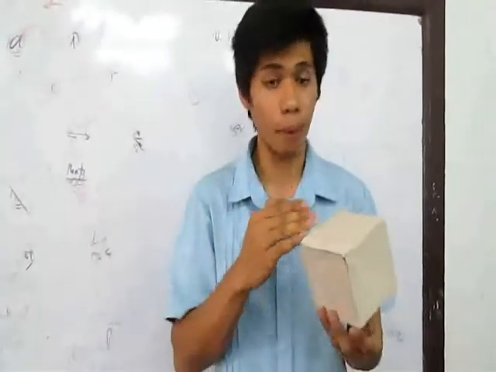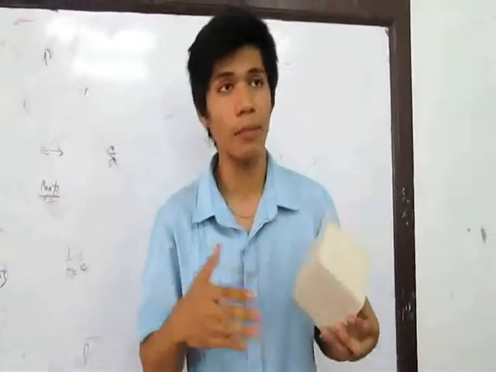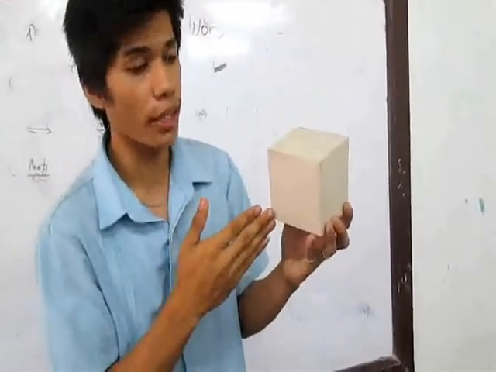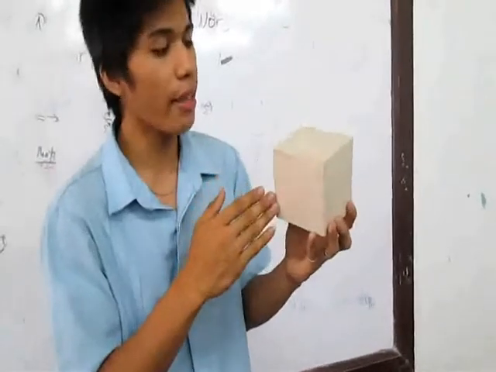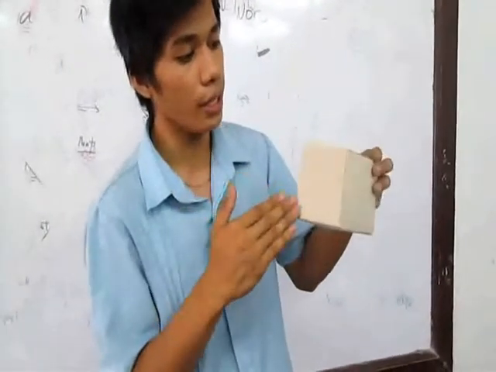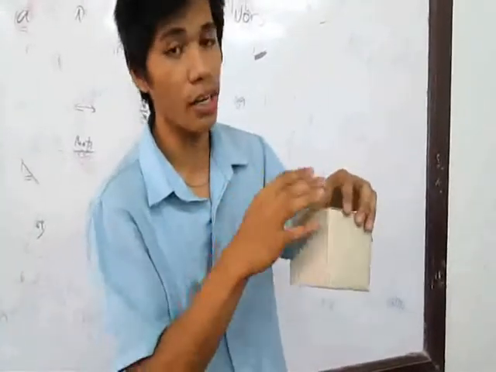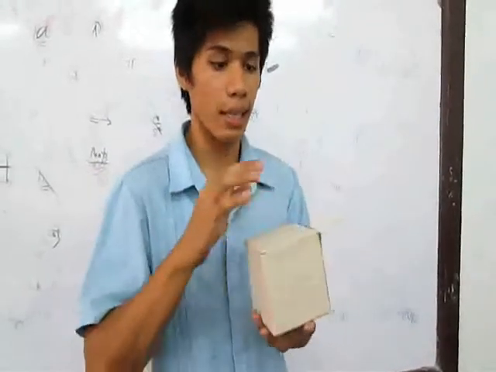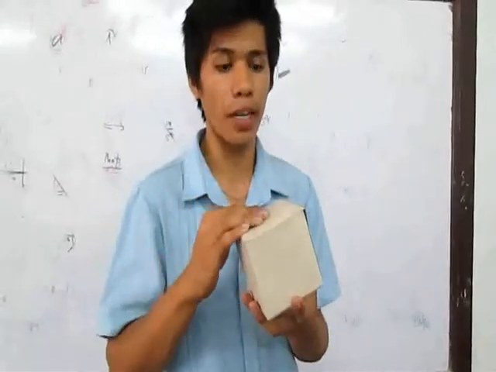The cubic parallelepiped has the same faces. For example, our base 1 is a square, right? Then our base 2 is also a square, and also the faces are squares and they are all equal. And we conclude that this object is a cubic parallelepiped.